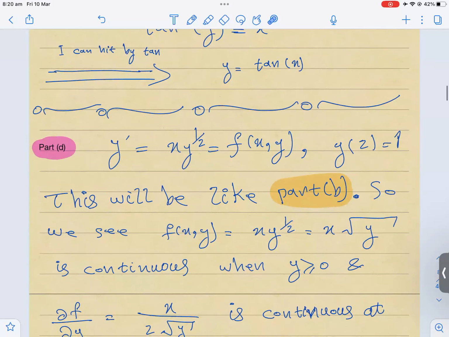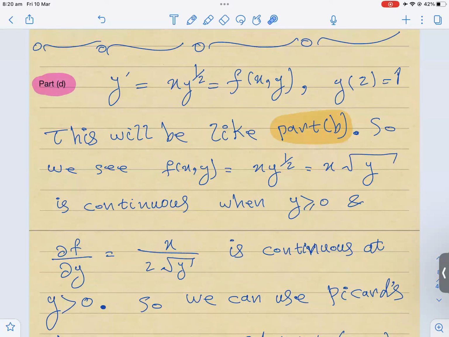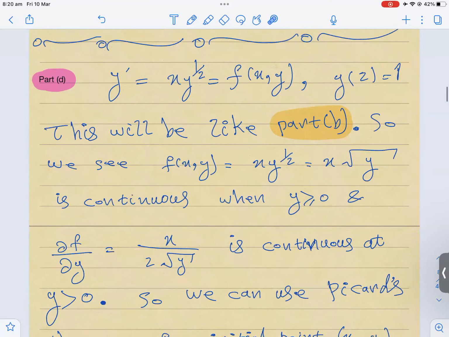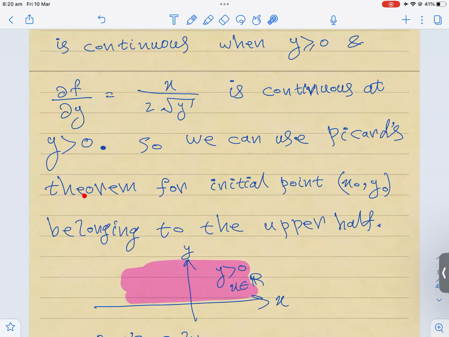Part D, so y prime equals y squared. So the initial condition, like part B, this will be like part B. So y prime equal to f of x, y, equal to x times the third root of y. It is continuous when y is not less than 0. And the derivative of f is continuous when y is bigger than 0, because y went to the denominator. So we can use Picard's theorem for the initial point. Where was the initial point?